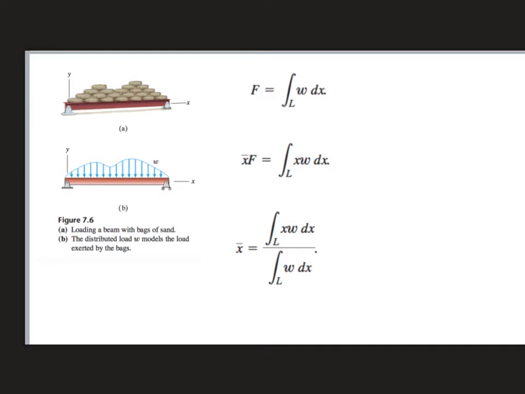We have this beam that has sandbags piled upon it, but the sandbags are not uniformly piled up. So for example, right here, there's more weight acting on the beam because there's more sandbags than there is right there. There's more weight here than there is right there.